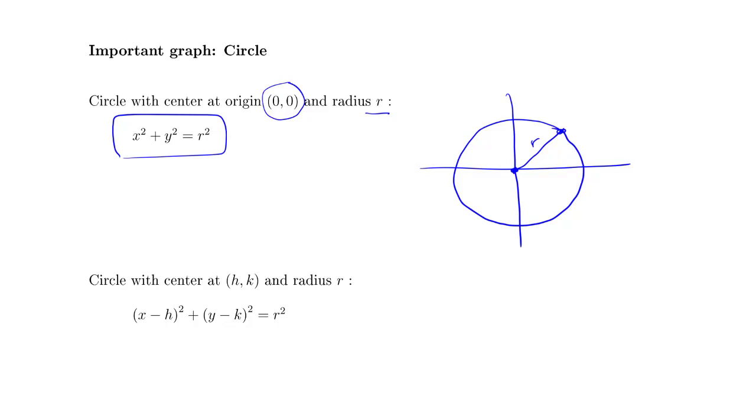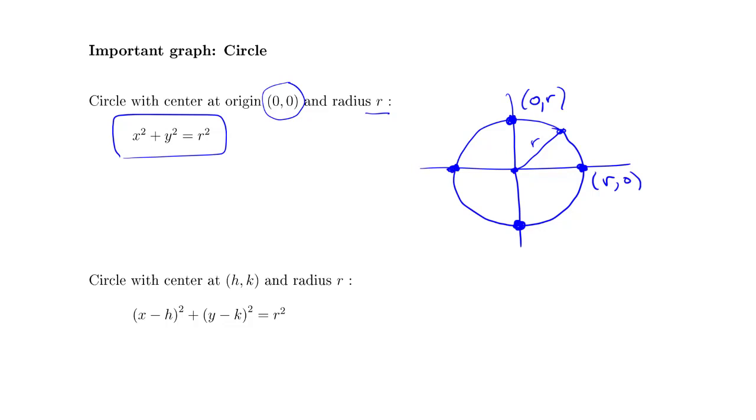Okay, so specifically, let's get a few key points here. Let's look at the point there, the point there, the point there, and the point there. And let's name them. This one here at the right is r out in x, because the radius is r, and then 0 up in y, so (r, 0). This point here is 0 out in x, and then r up.